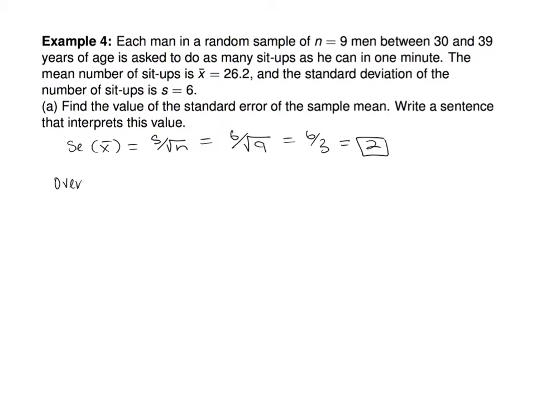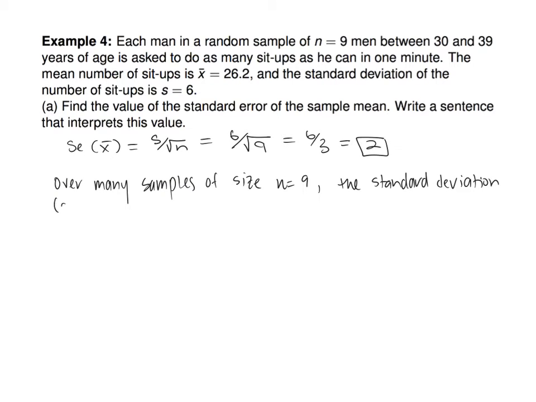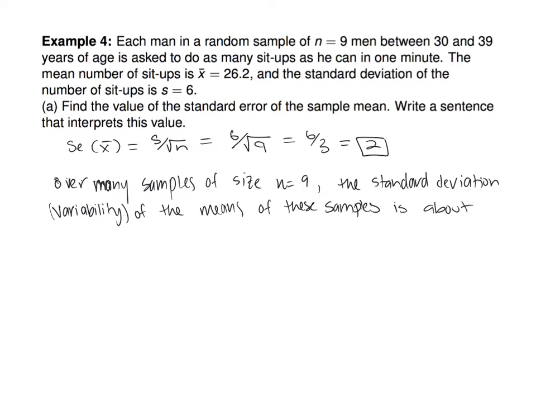What this tells us is that over many samples of the same size, so of size n equals 9, the standard deviation, i.e. the variability, of the means of these samples is about 2.